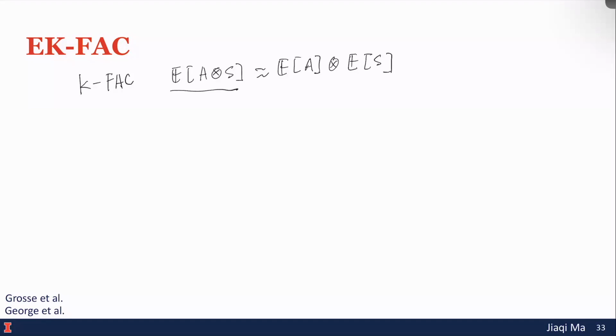And in EK-FAC, basically we're doing some correction to reduce this approximation error while still having the calculation efficient. So the idea is we can do eigendecomposition for this expected matrix, assuming this equals QA lambda A QA transpose, and similarly this equals QS lambda S QS transpose.